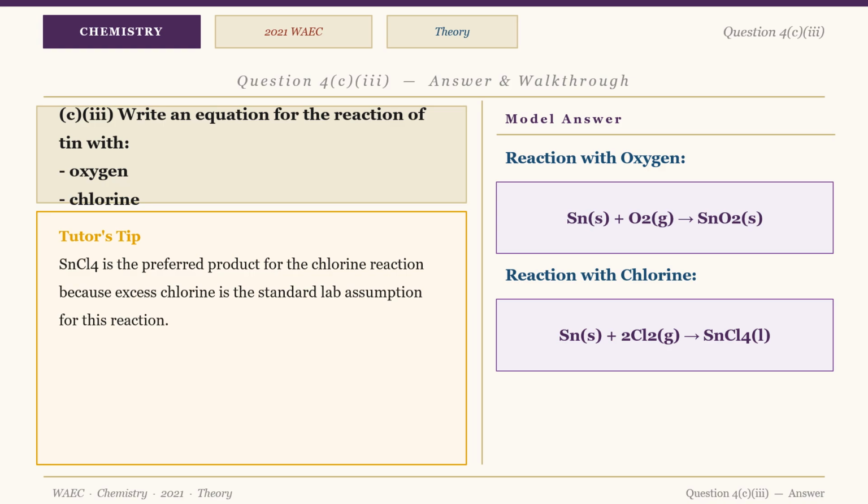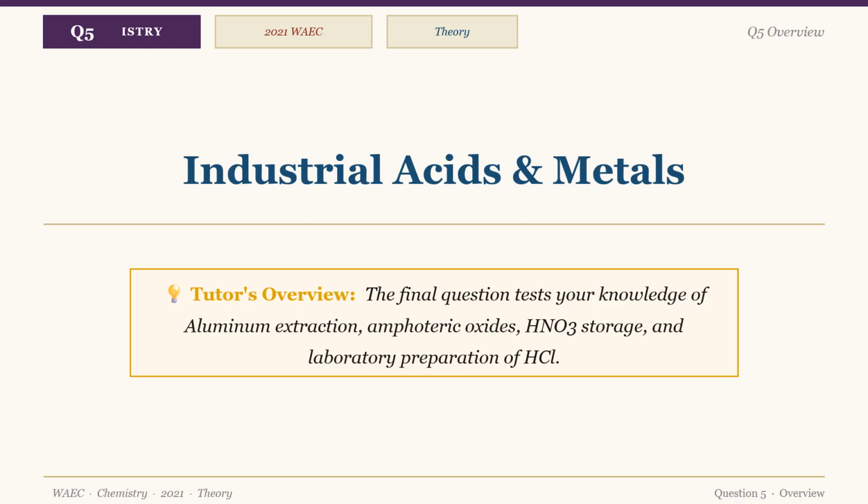And then for reaction with chlorine, we have tin solid plus 2 moles of chlorine gas will react to give us tin tetrachloride, or you can call it stannic chloride, but remember we're dealing with IUPAC nomenclature. So that tin tetrachloride is liquid. Let's move on to the next one.